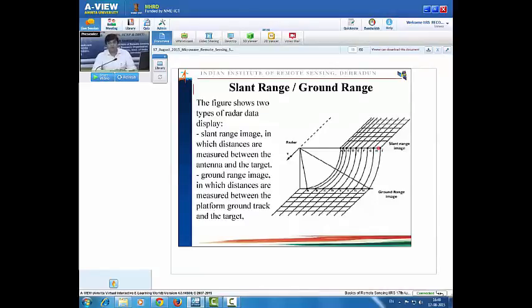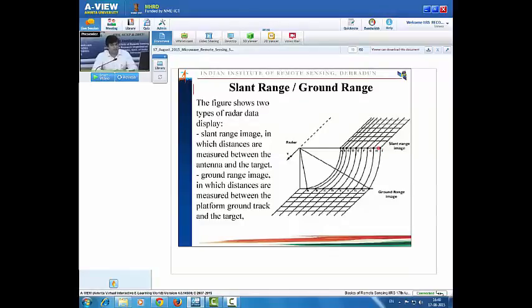So to get the actual ground information after getting the SAR data set, one should do the slant to ground range conversion, because there will be slant range ambiguity in the SAR imagery, and our first job should be to remove the ambiguity due to this slant range, and finally we should be able to do the slant to ground range conversion.